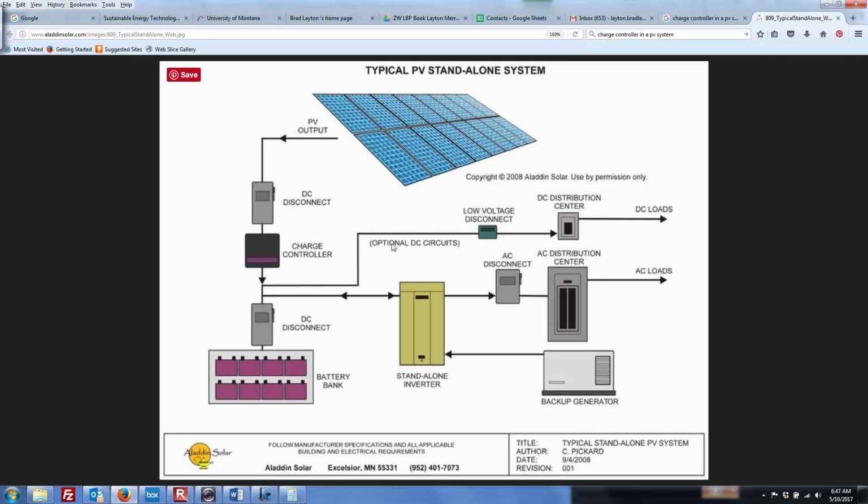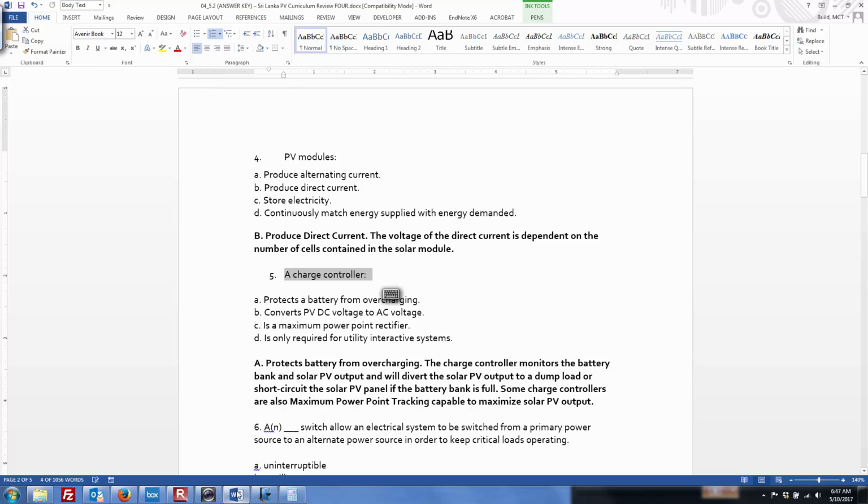And if you had DC circuits, and I think we're going to see a lot more of these as we move out into the future. There's some nice standards coming out for doing low voltage in homes. So charge controller is what's going on to make sure that these batteries stay at 12 volts of charge and do not overcharge. So that's what we're trying to prevent.